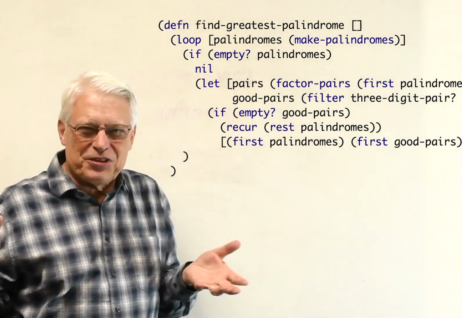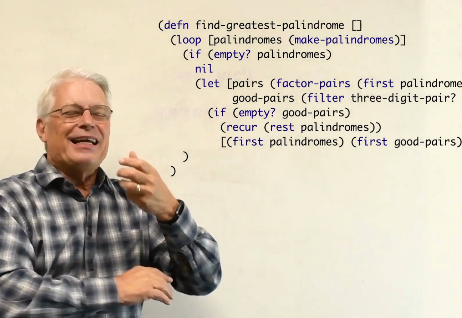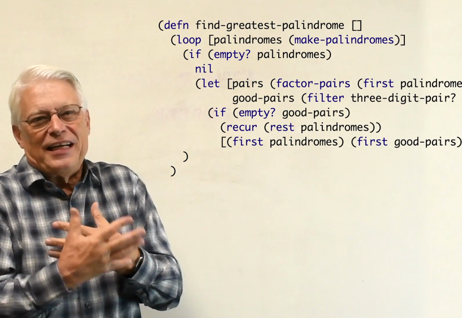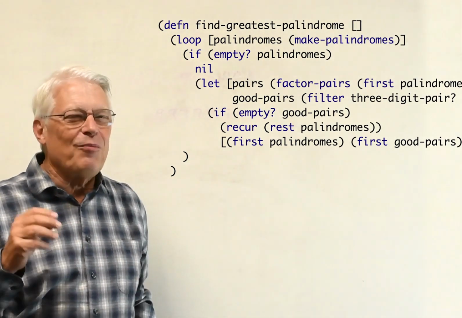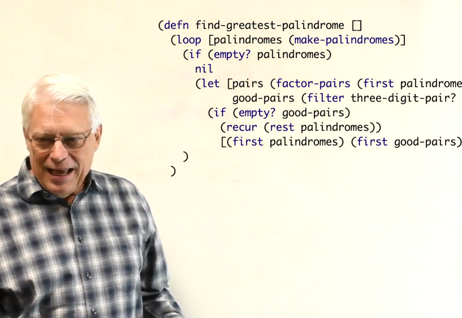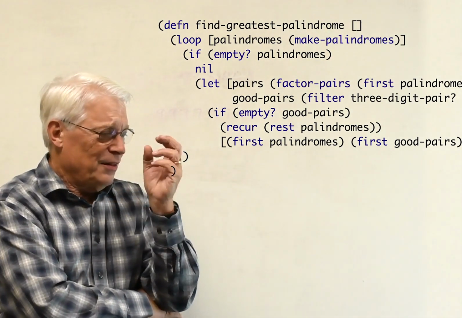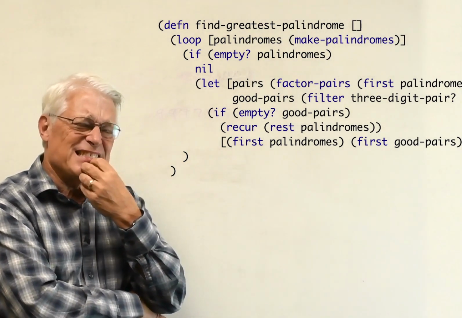All those functions return lazy lists, which means that we aren't actually calculating all the palindromes up front. We aren't actually finding all of the pairs of factors up front. We're actually doing them one at a time as the lists are evaluated lazily. And that means that, at least from my point of view, the first algorithm should not really be any slower than the second. So then why is the second algorithm so much faster?